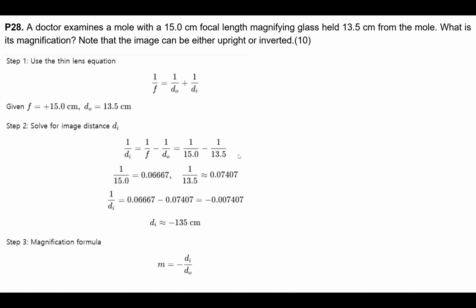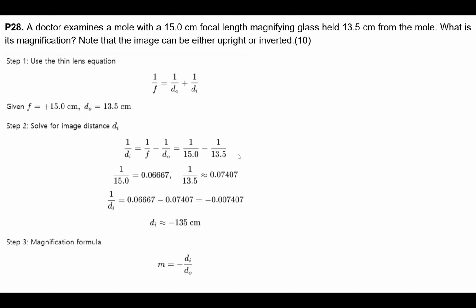What is given here is that DO is 13.5 centimeters, and the focal length F is also given. And then we want to find out what its magnification is. In order to get the magnification, we need to find the DI, the image distance.